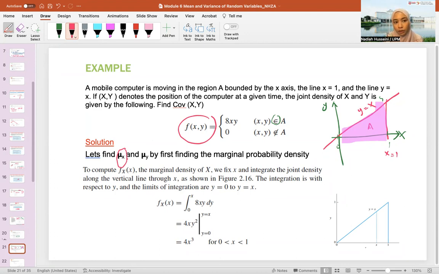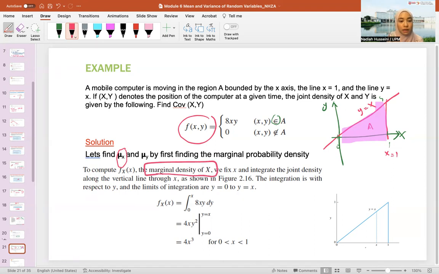If we want to find out what is mu x, we need to know what is the marginal density first. The marginal density of x we have already covered, I'm just going to go over it. We fix the x and integrate the joint density along the vertical line through x, as shown in the figure over here. The integration is with respect to y because we are trying to find the marginal density of x.